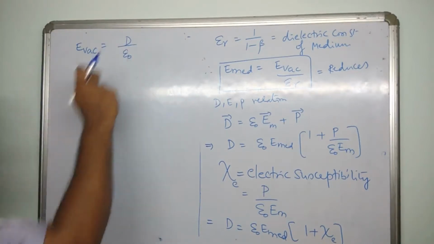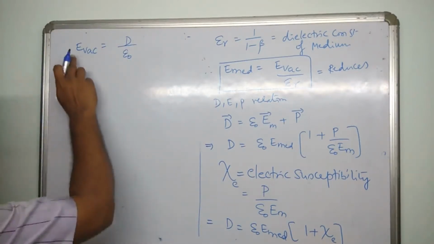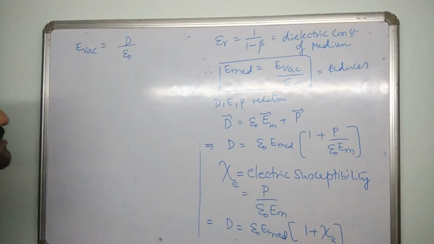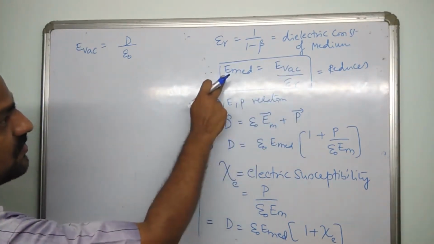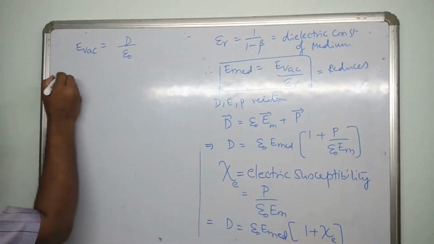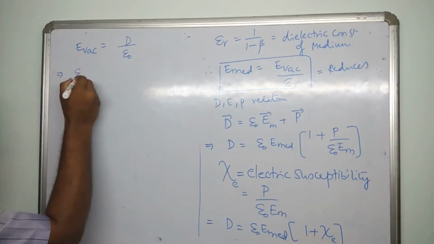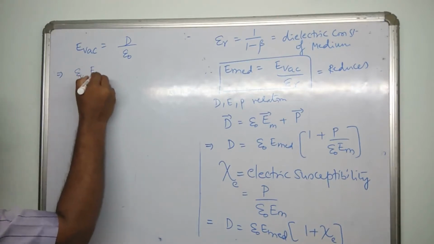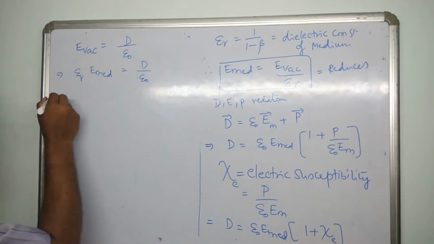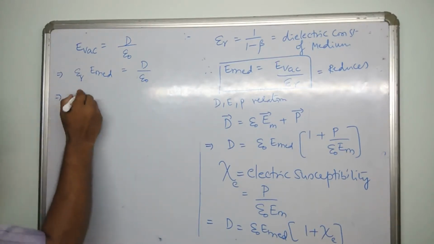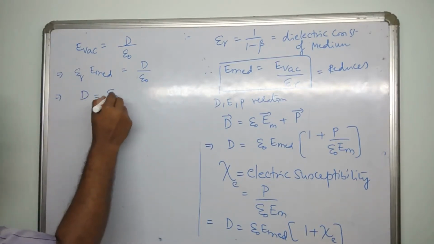You can recall D is after all Q by 4 pi r square and E is Q by 4 pi epsilon 0 r square. This is the difference. Please remember. Now E vacuum is equal to D by epsilon naught. Also we know that E vacuum is nothing but epsilon r into E medium. So in place of E vacuum I can write epsilon r into E medium is equal to D by epsilon naught. So D is equal to epsilon 0 epsilon r times E medium.